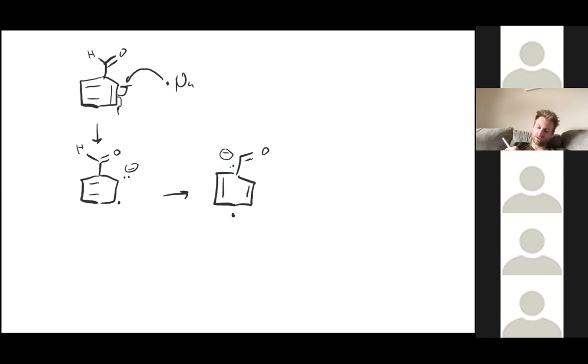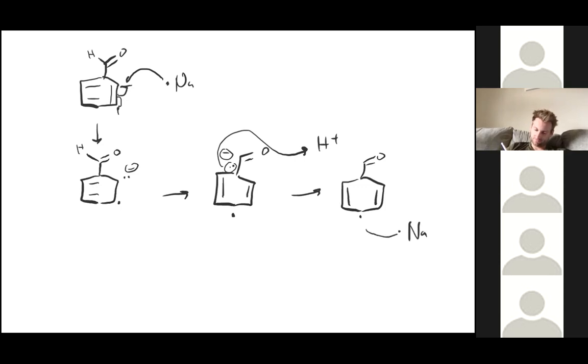Now when it picks up a proton, it can follow the same rules as before. It's going to pick up another electron from sodium. It wants to stay in the middle here because that's going to have more resonance structures.